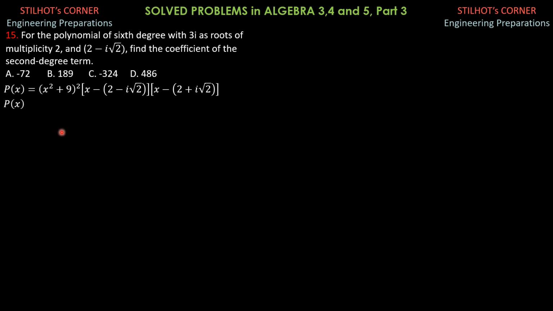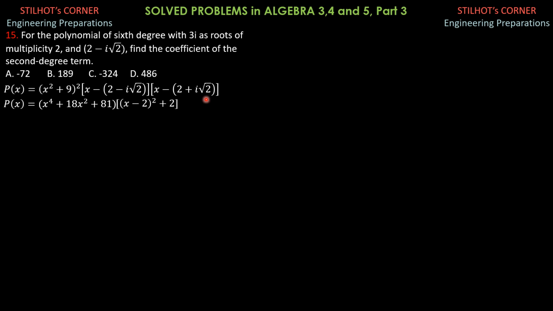So P of x is (x to the fourth plus 18x squared plus 81) times ((x minus 2) squared plus 2). Positive 2, because we have positive i square root of 2 times negative i square root of 2.